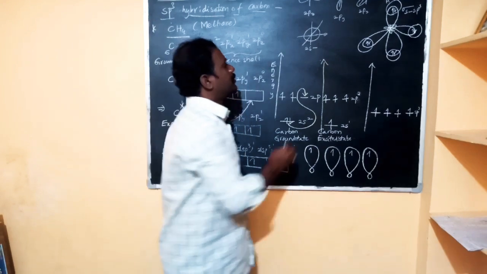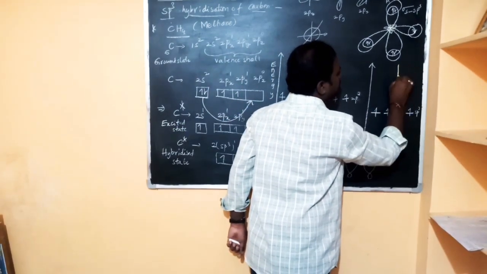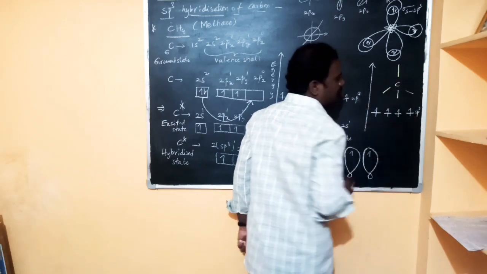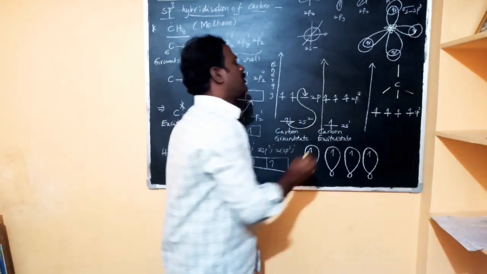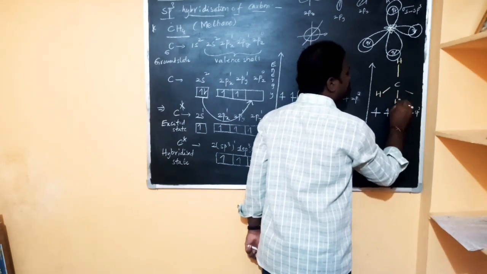Right sir? So what is the shape? We can draw it like this: carbon with the 4 bonds, which are all equal in energy.